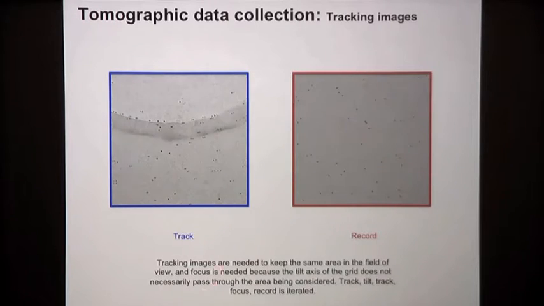This process is iterated till the entire tilt series is collected. Applying the correct defocus during data collection is important because the tilt axis of the grid does not necessarily pass through the region of interest, the region that we are imaging at that particular moment. So it's important to apply the correct defocus at regular intervals during data collection.